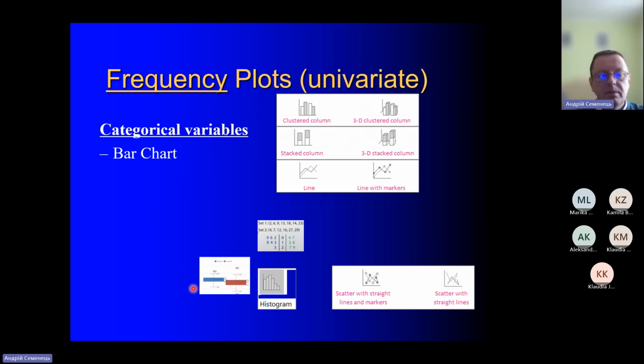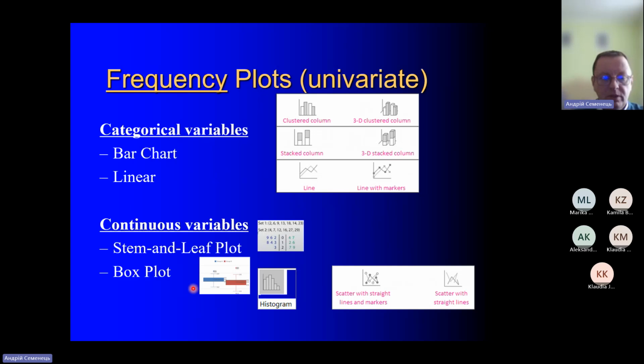And here becomes the obvious question to select the proper chart type, the proper type of graphics to represent our data. And here is a huge point of confusion, especially with usage of spreadsheets, because usually it's very easy to create charts here, but very often students make mistakes.